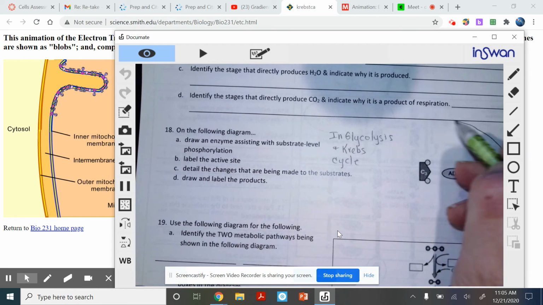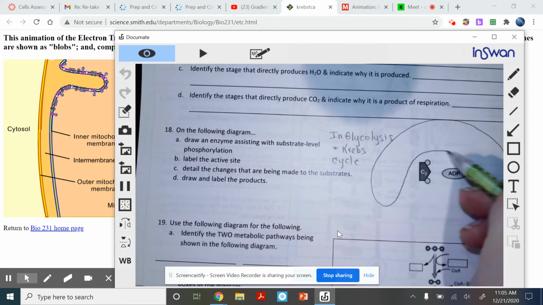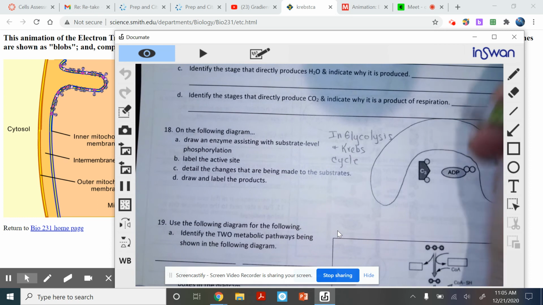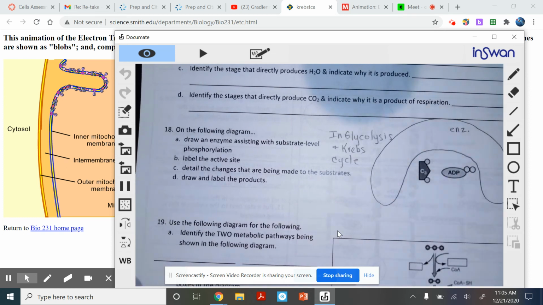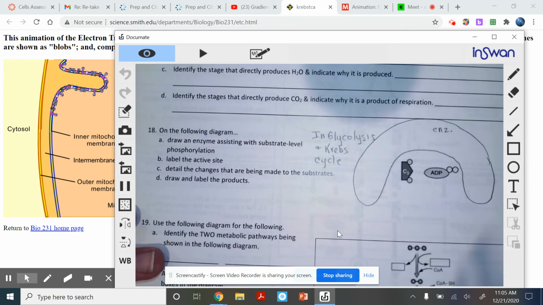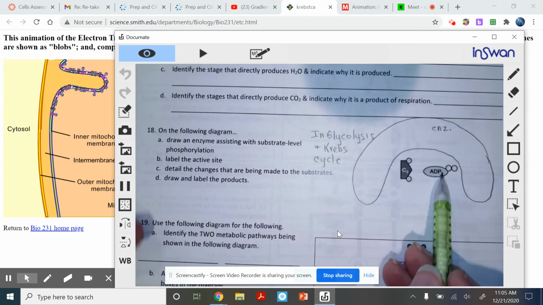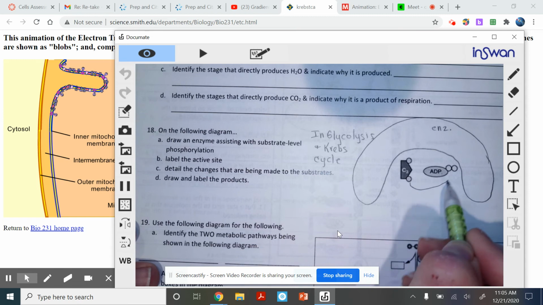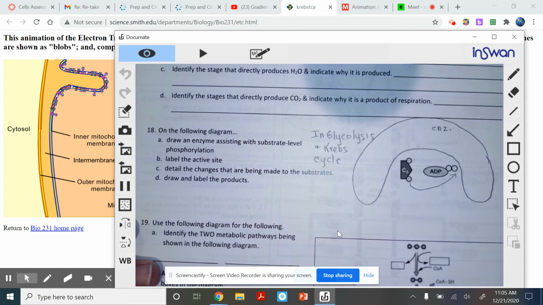How that happens is there is an enzyme. Again, for every step there is an enzyme that does each step. The enzyme can take in these 2 substrates. It pulls the phosphate off of this intermediate and puts it on ADP. That's about as simple as I can make it.